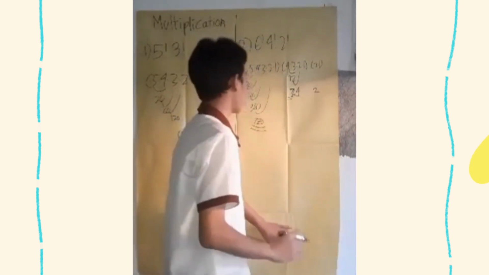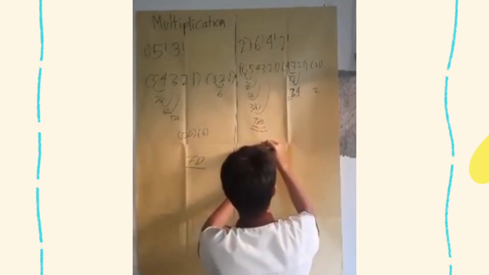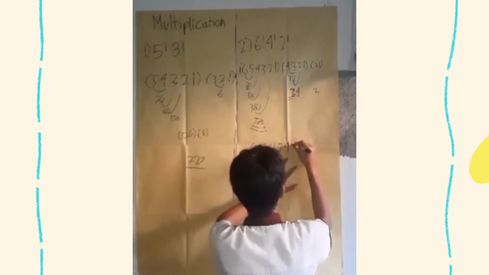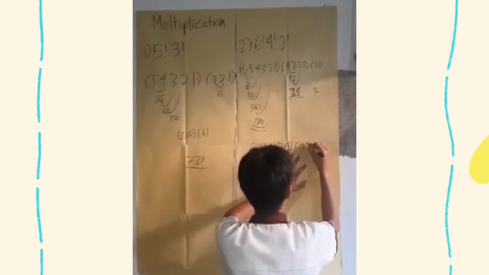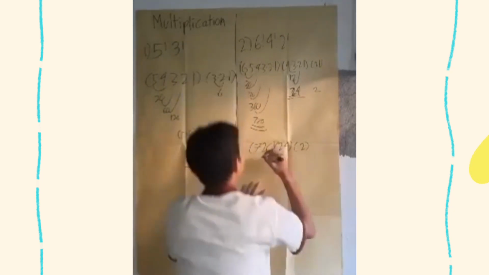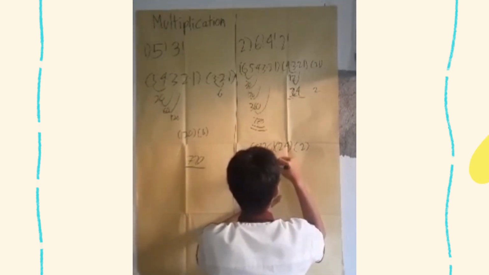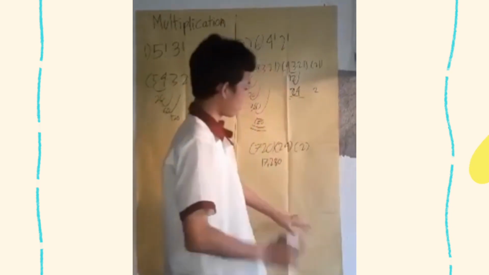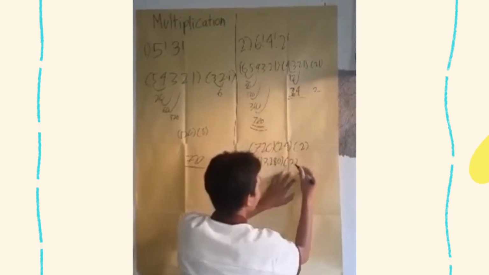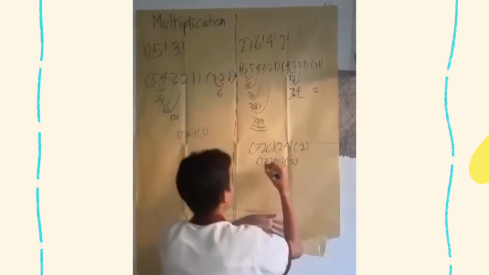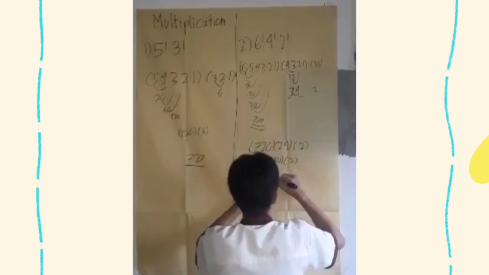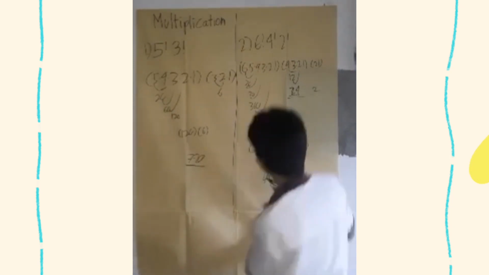Pagsasama-samahin natin ito. 720 times 24 times 2. 720 times 24 is equal to 17,280. 17,280 times 2 is equal to 34,560.